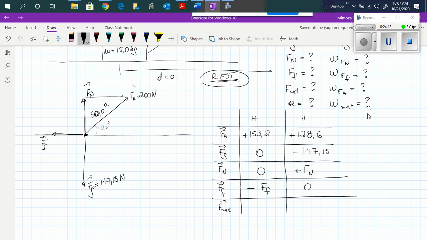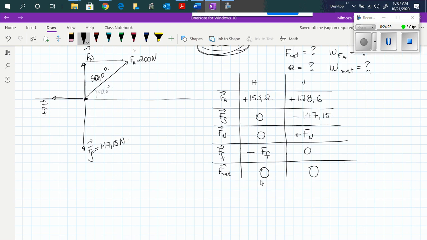And now the object is at rest. That means that the acceleration is equal to 0, which gives us, based on the second law of Newton, force net 0. From the horizontal, we have force of friction is equal to 153.2 newtons. From the vertical, what do we have is force normal.